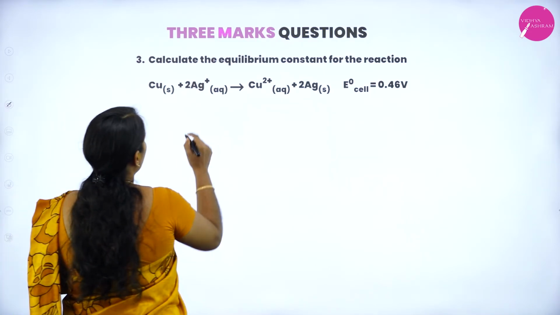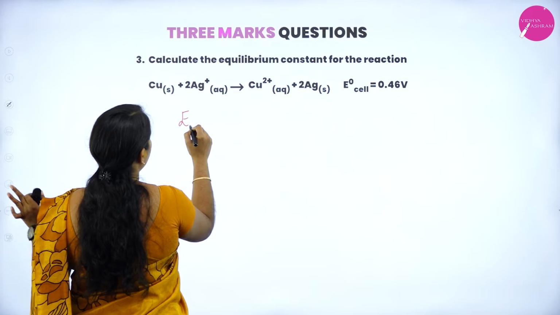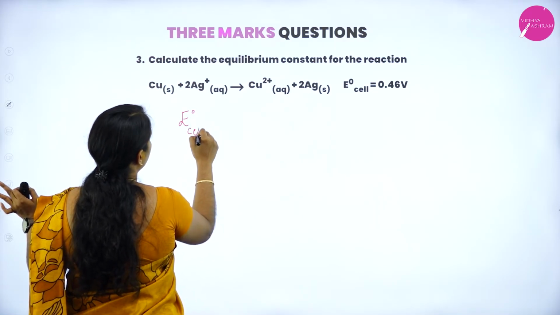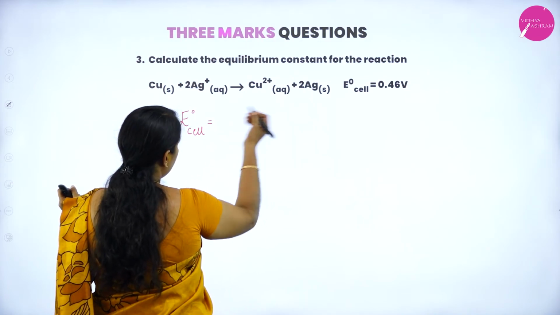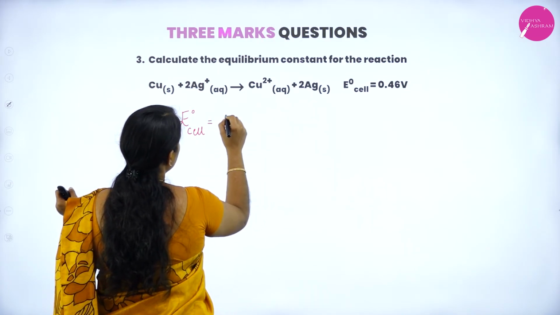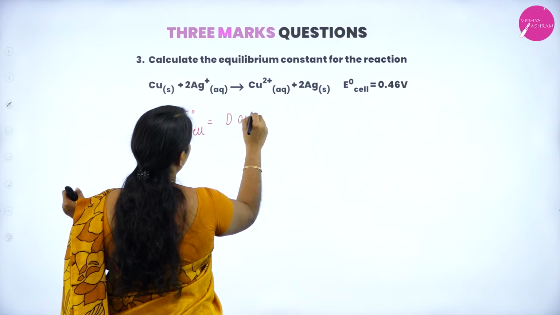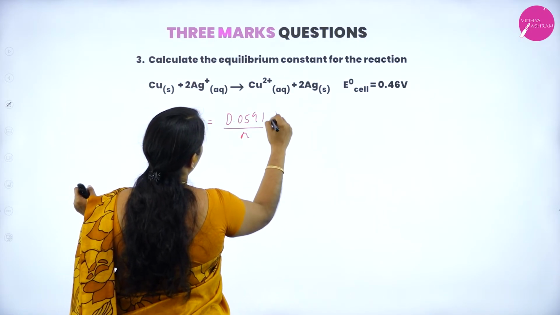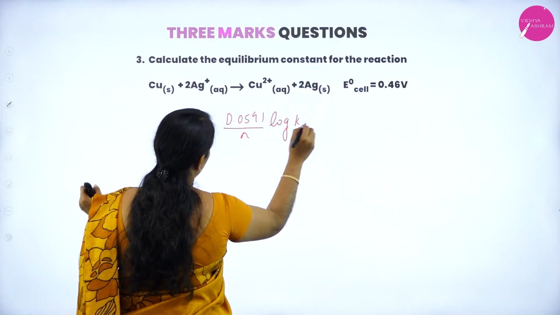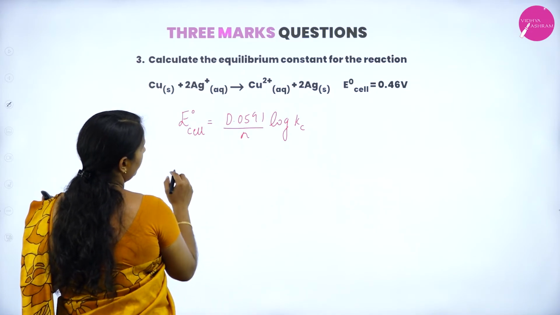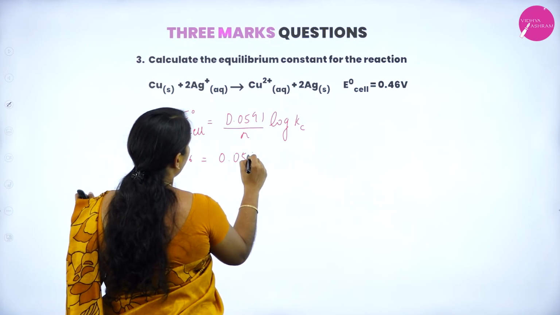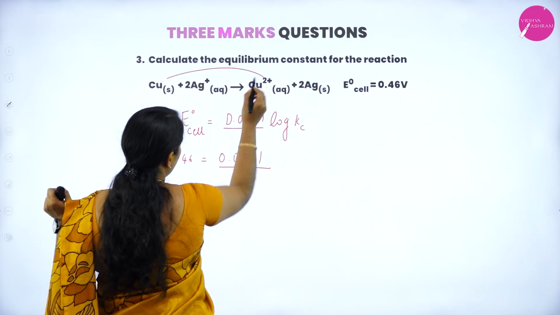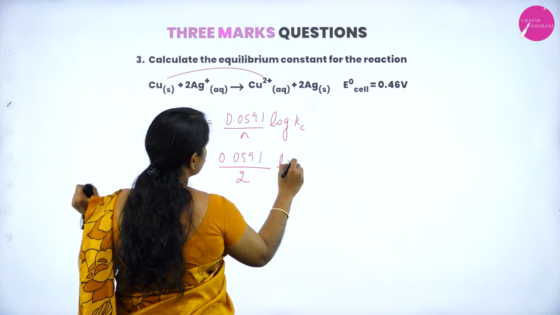I'll write the equation first: E0 of the cell, since they have directly given it, equals 0.0591 divided by n into log of Kc. So what is the EMF of the cell? It is 0.46 equals 0.0591 divided by the number of electrons lost, 2 electrons, into log Kc.